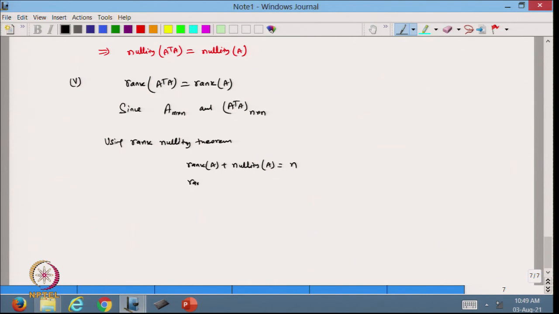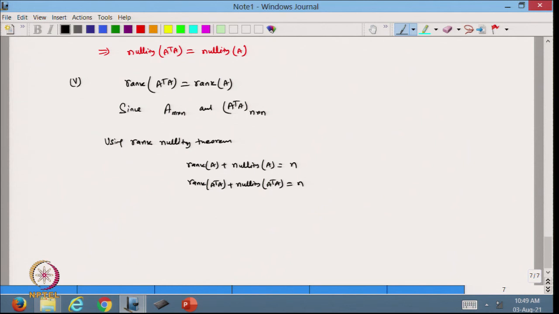Also, the rank of A transpose A plus the nullity of A transpose A is also equal to n, because A transpose A is n cross n, so it is a subspace of Rn.